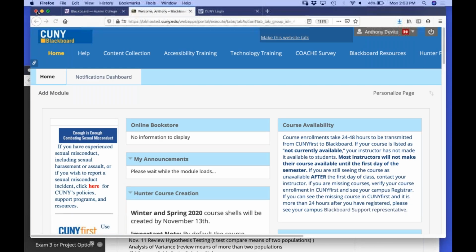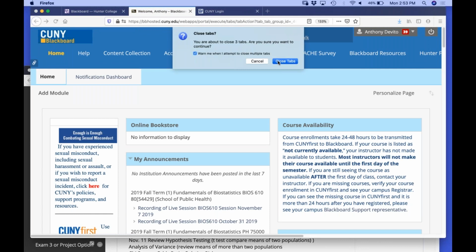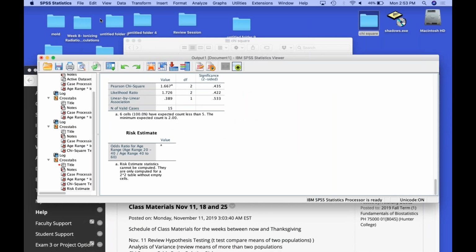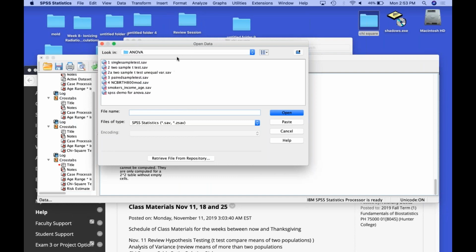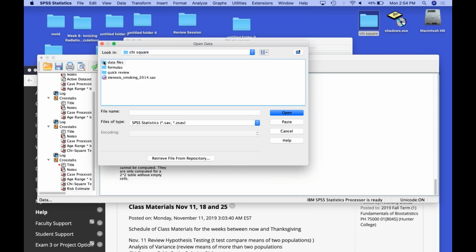Okay, let me get SPSS. Open data. This again is on Blackboard. Desktop. That's what happened. I went into the ANOVA folder instead of the one I wanted to go into, which was chi-square. Went into the wrong folder for the data files. Naturally, I wound up with one that was better for analysis of variance. Okay, let's try stenosis versus smoking.